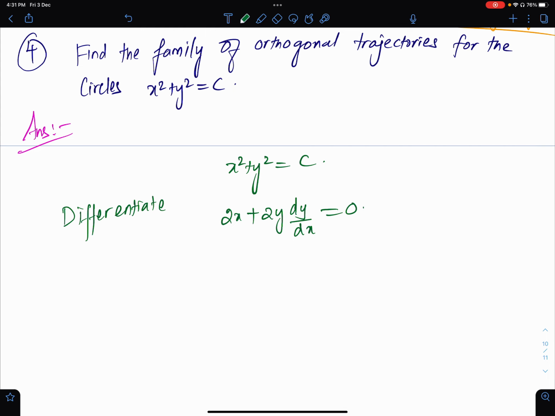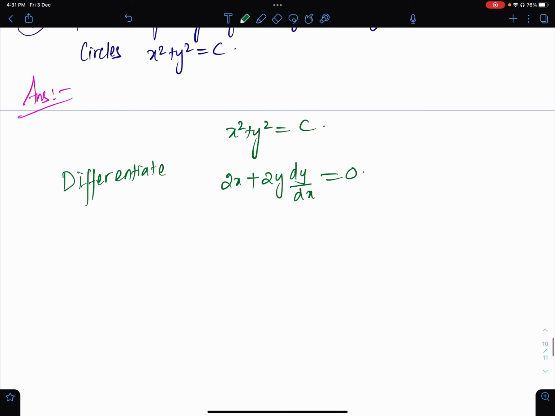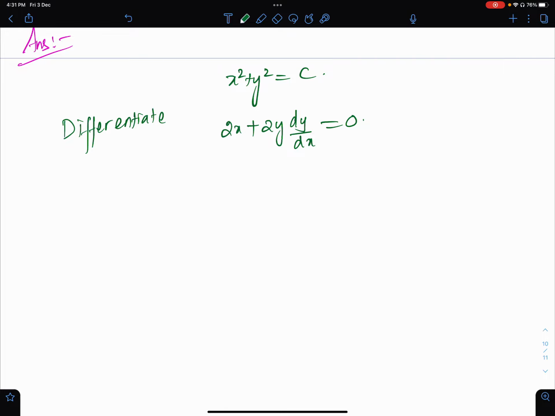Here also there is nothing to be replaced because there is no c. So 2y dy by dx is equal to minus 2x. So I think you can cancel this 2. So y dy by dx is equal to minus x.